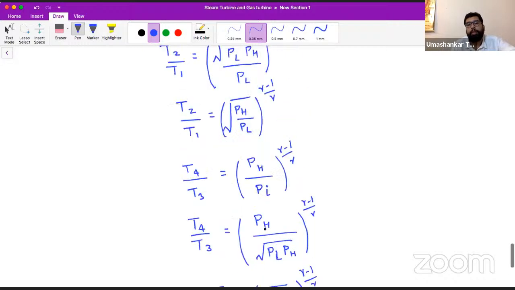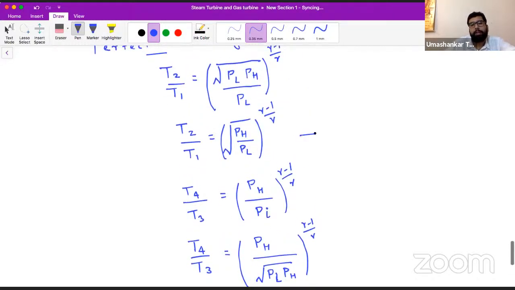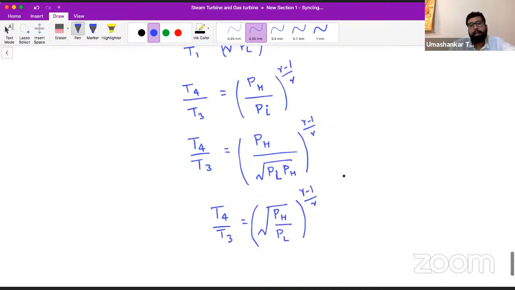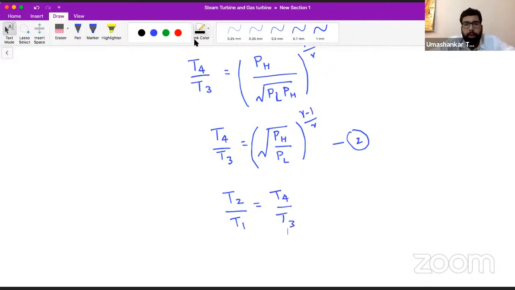So from this, you can see that these two relations are the same. Let's say this is equation number 1, and this is equation number 2. So what other results are coming? We can say from here that the ratio of T2 by T1 is equal to T4 by T3. Don't use all these results in general intercooling, but in perfect intercooling only, as we have discussed.